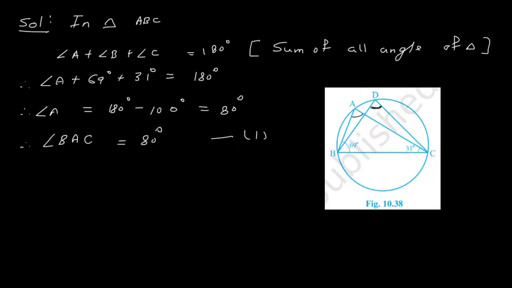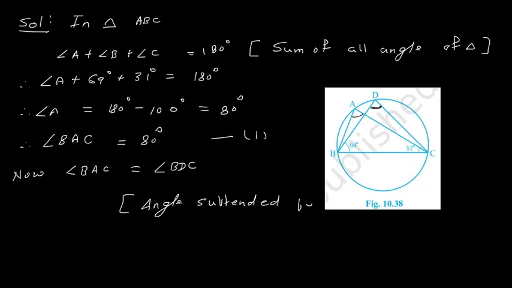Now angle BAC is equal to angle BDC. Reason: angles subtended by the same arc BC.